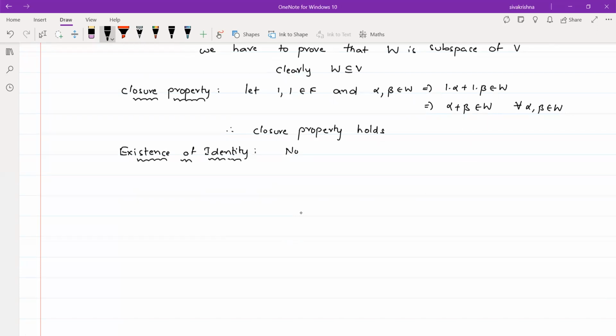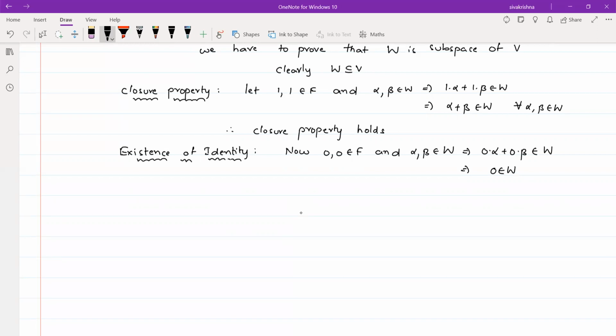Now I am considering 0, 0 from F. In the scalar field, all scalars belong to the set F. So I am writing 0, 0 belongs to F, and alpha, beta belongs to W. In a vector space, in W, you have to consider vectors from W. Once again, you have to use our converse supposition condition, that is 0 into alpha plus 0 into beta belongs to W. So this implies we get 0 into alpha is 0 plus 0 into beta is 0, so that we get 0 belongs to W. So this is the identity property.